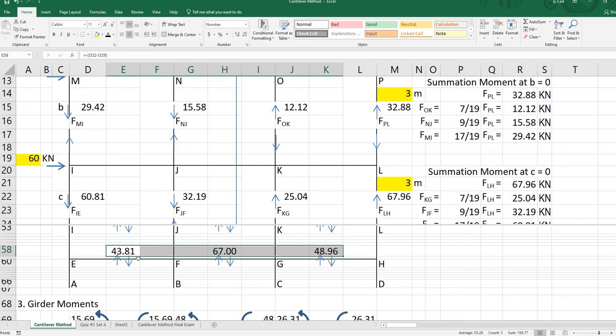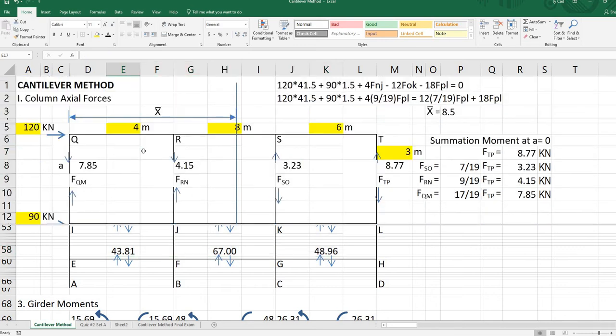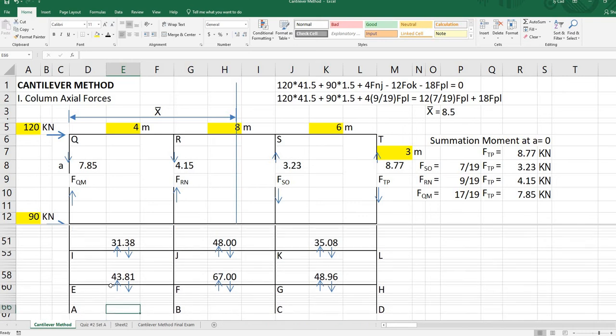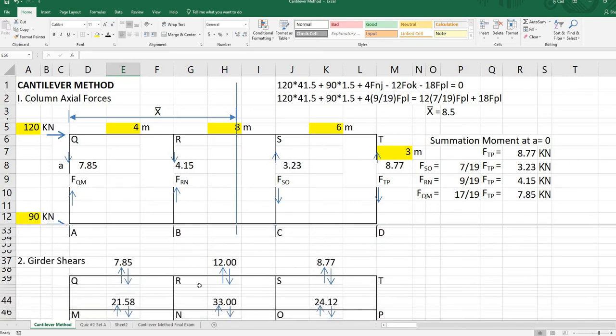Yan na. Next, we now go to girder moments. So, ang challenging dito sa cantilever method is yung first procedure, which is column axial forces. Dapat dito tama na yan para sa girder shear, smooth sailing ka na, madali na lang.